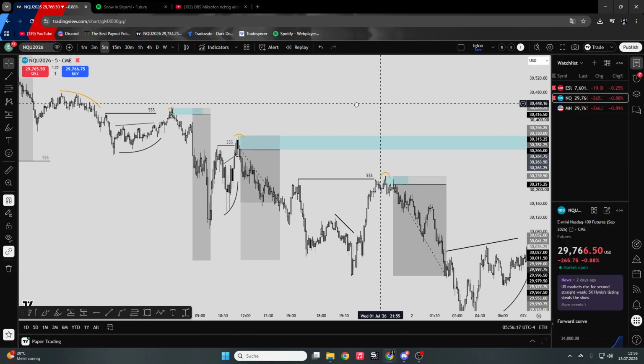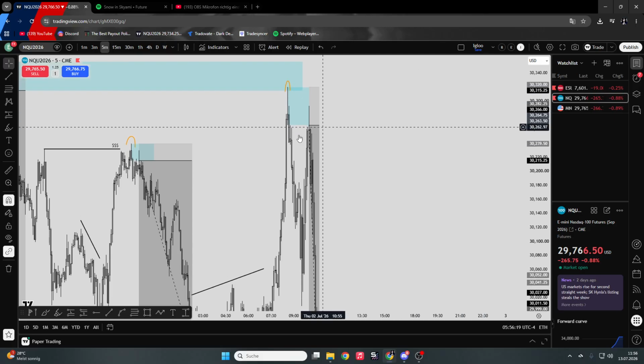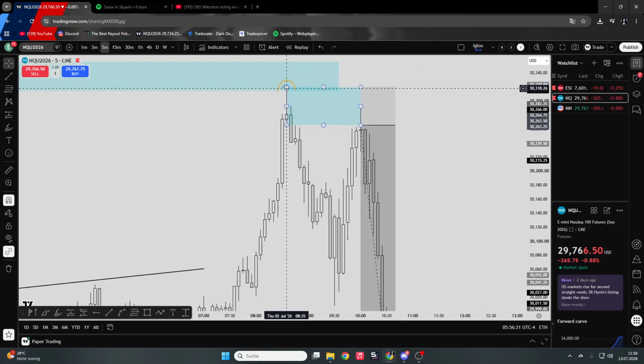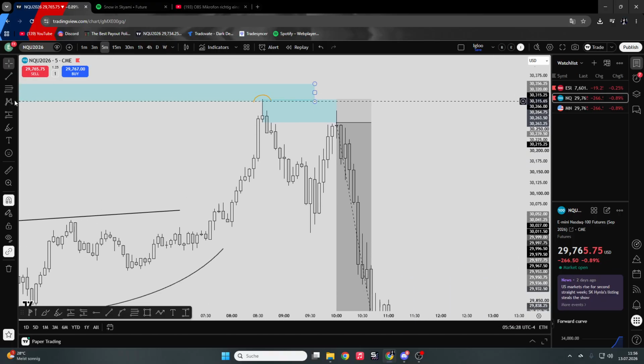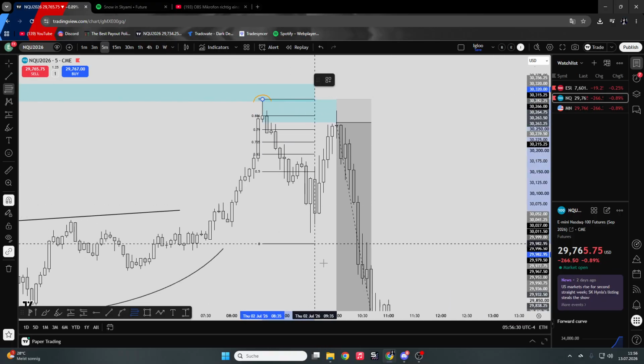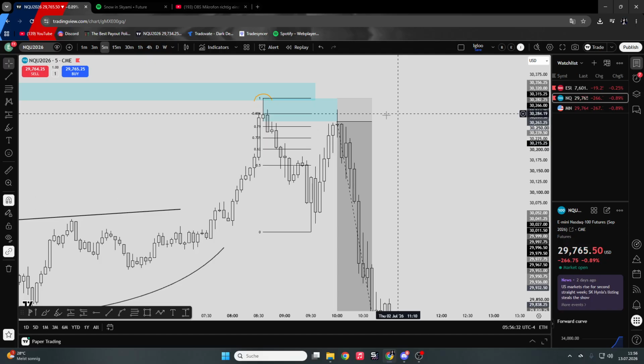That we created before, tapping back into it, get a big reaction out of it from our manipulation, starting to distribute, still having this left unmitigated, combining this with OTE, 886, so you could even enter it up here, right?